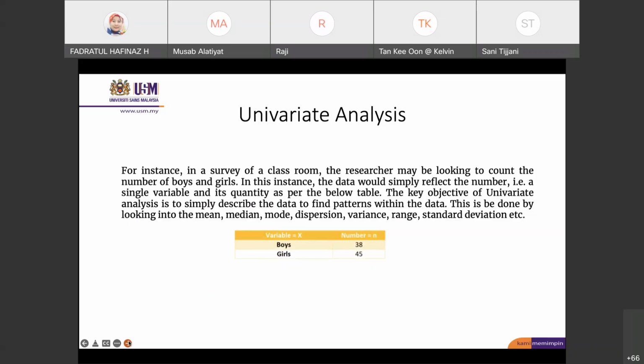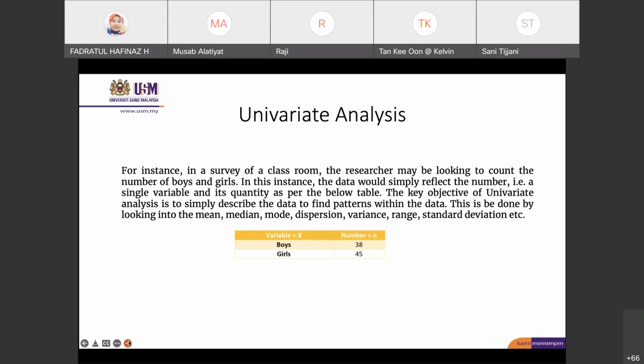For instance, in the example that I show you in the slide, in a survey of a classroom, the researcher may be looking to count the number of students, boys and girls. In this example, the data would simply reflect a single variable and its quantity, as shown in the table, right?